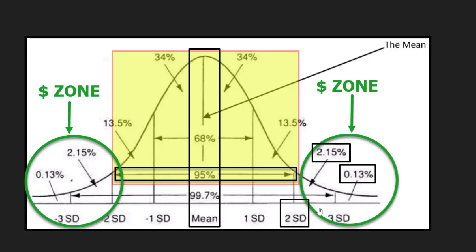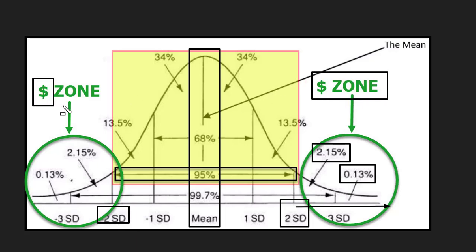Okay, I'm going to fudge on it a little bit and make it a little worse than it is. But we got a 2.5% chance of the market continuing to go in the same direction. And the same would be for the opposite side, of course, as well. So that's why I call these the money zones. These are the money zones, above or below 2 standard deviations. Okay, so let's go back to our charts now that we understand the statistics behind this.